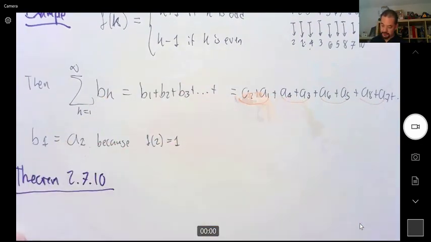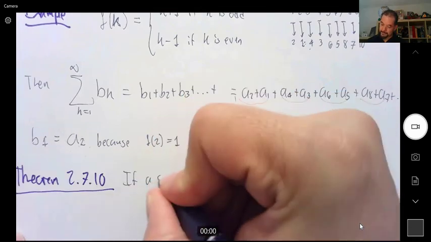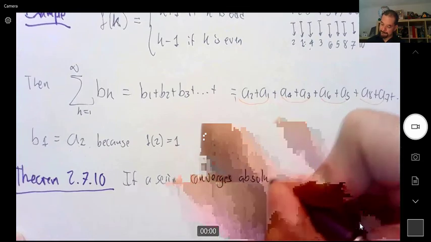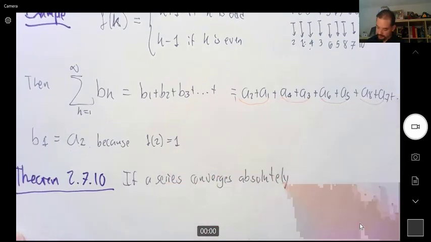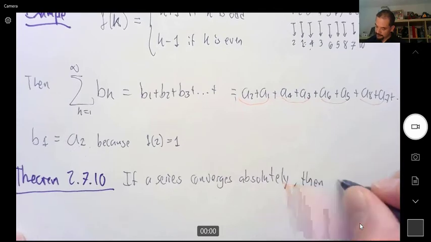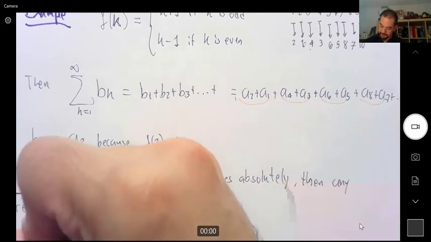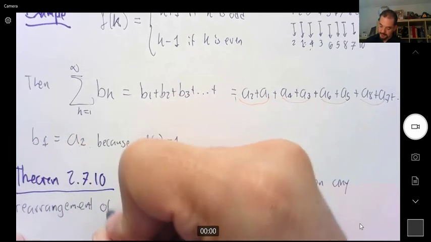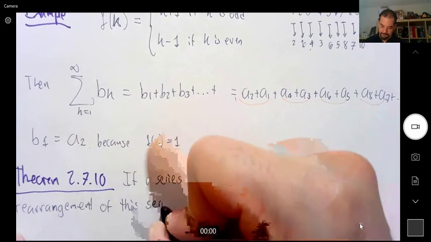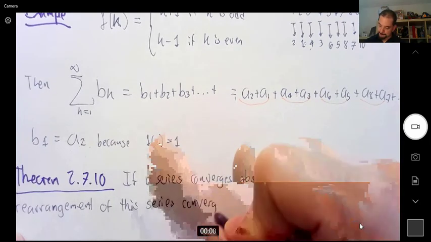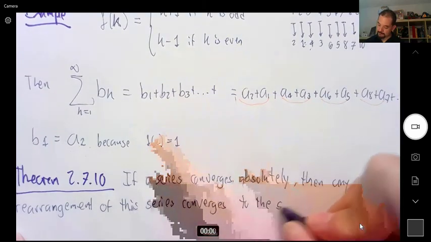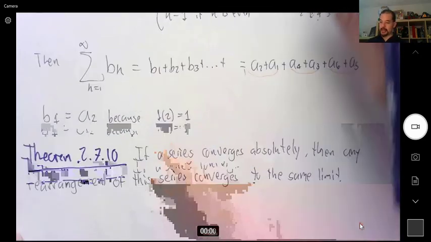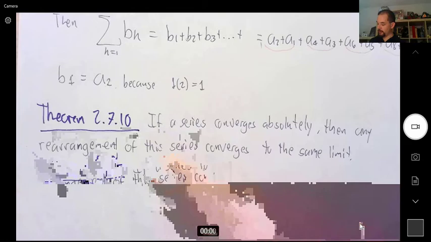If a series converges absolutely, then any rearrangement of this series converges to the same limit. So if it's absolutely convergent, we're good. We can add the thing in whichever order we want.